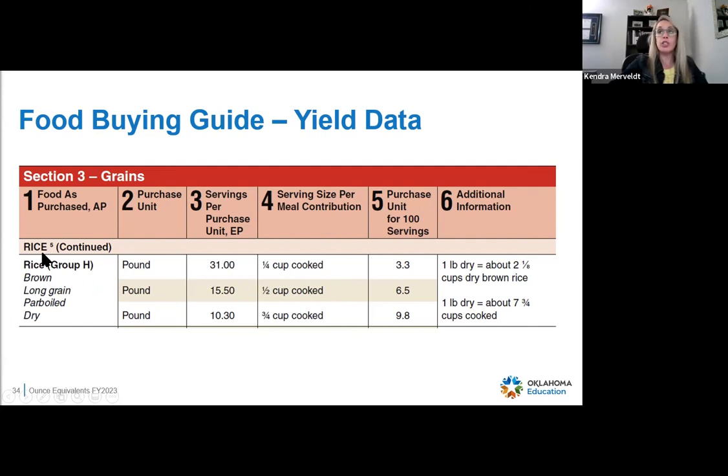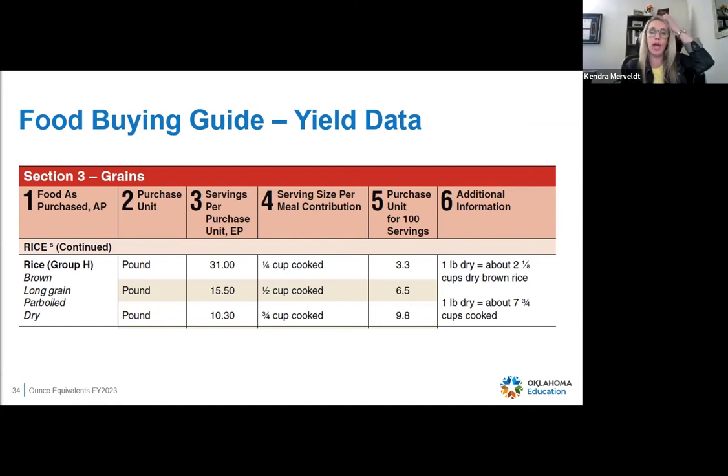If you buy brown rice, long grain, parboiled, by the pound, it will serve 31 kids, because 31 will give you 1/4 cups. If you need 1/2 cup, which is usually for one serving size, it lets you know that per pound you'll get 15.5 1/2 cup servings, for those that are 6 and older. So the food buying guide is another great place, and I can help.